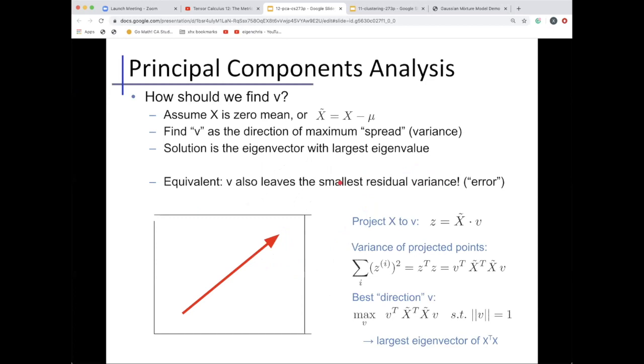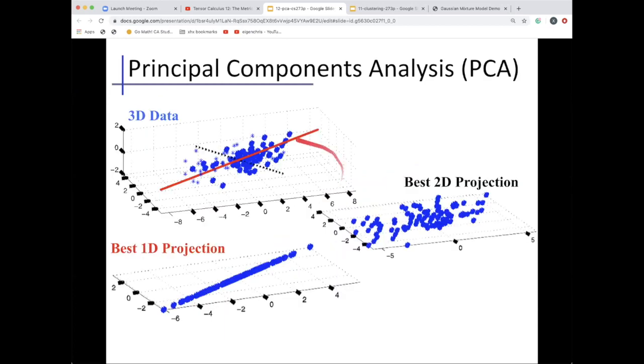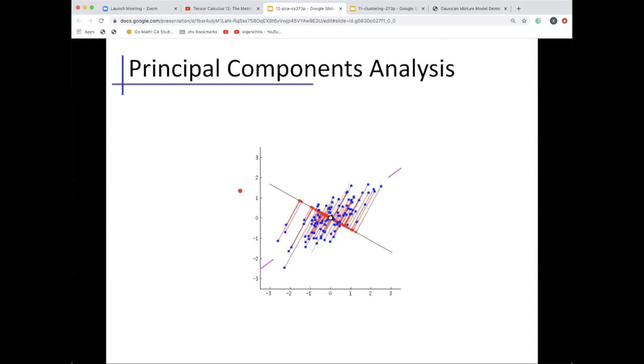And then the question: right now, I identified the largest direction. However, suppose I want to project data into a 2-dimensional space instead of 1 dimension. How do I do that? In principal component analysis, you do this in a stepwise fashion.